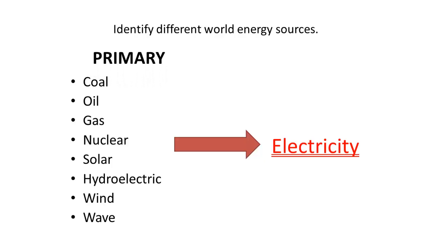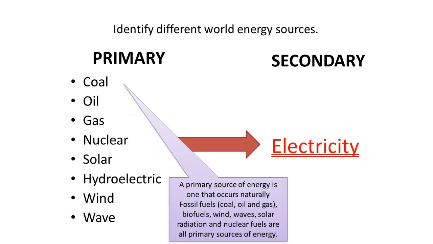Now, these are called primary sources, and electricity is a secondary source of energy. A primary source is basically one that occurs naturally: fossil fuels, biofuels, wind, waves, solar energy, and nuclear fuels as well.